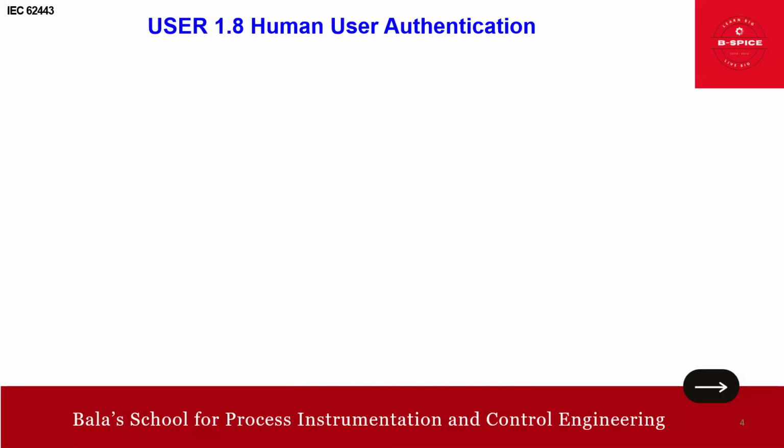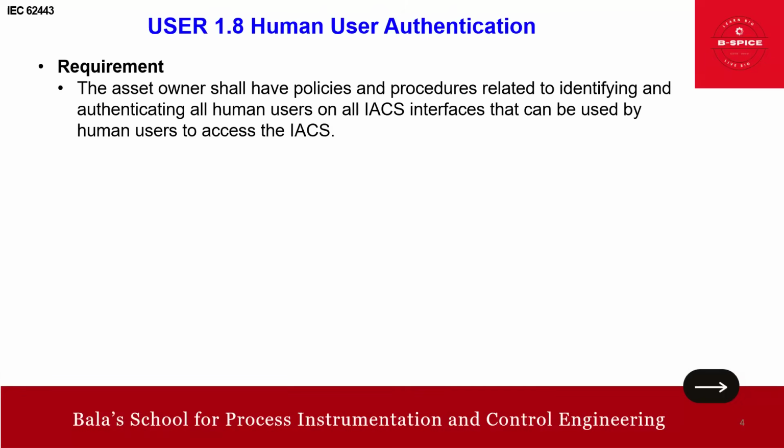Then 1.8 is about human user authentication. The asset owner shall have a policy and procedure related to identifying and authenticating all human users on an IACS interface that can be used by human users to access the IACS.